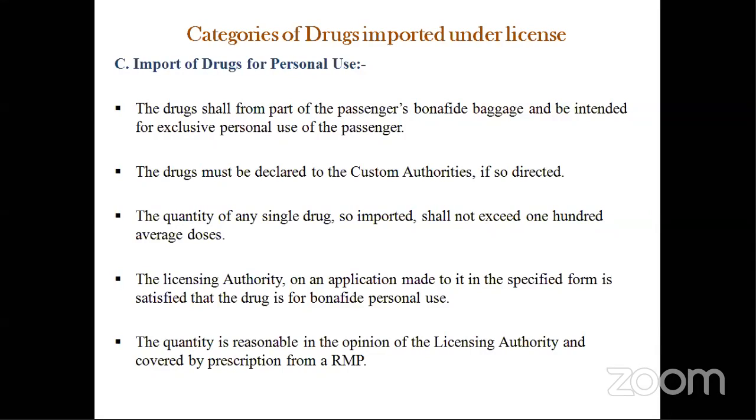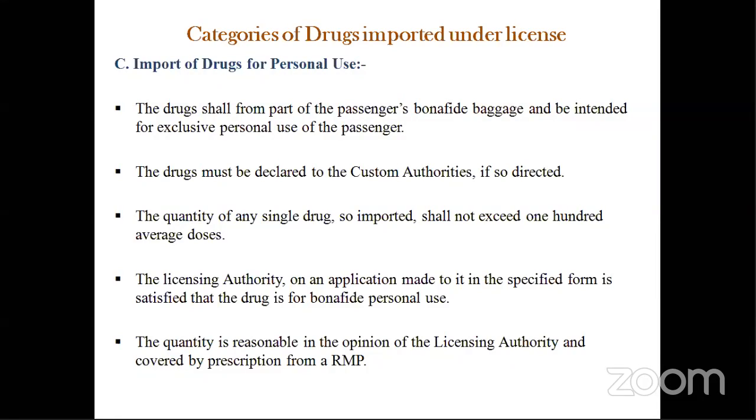Okay, so this total process is under the customs authorities. The customs collectors and customs inspectors deal with the import of drugs for personal use. When anybody is going to import a product for personal use, it is verified by the customs authorities or customs inspectors.